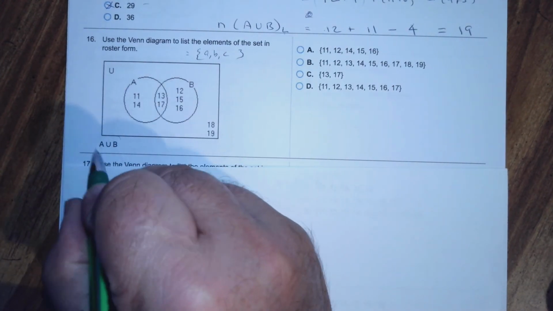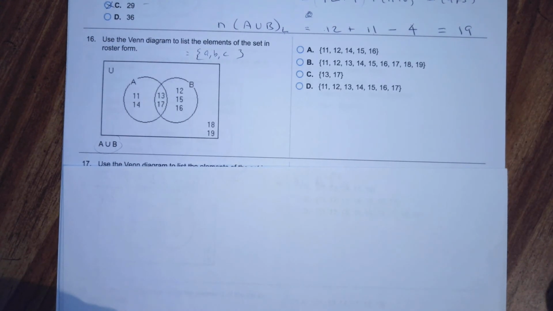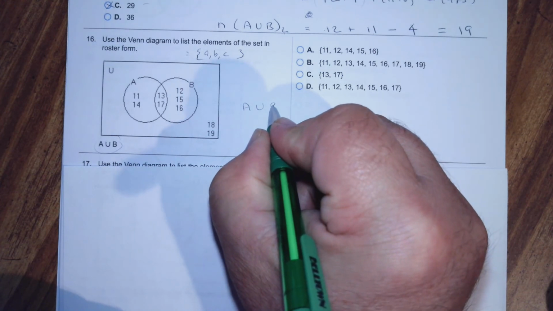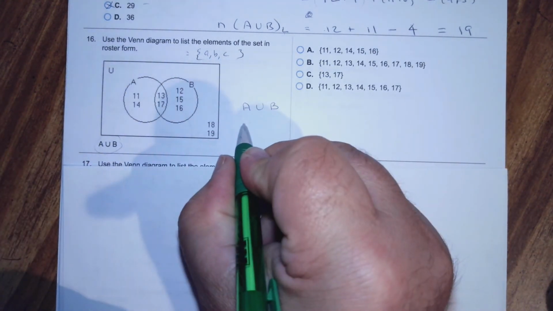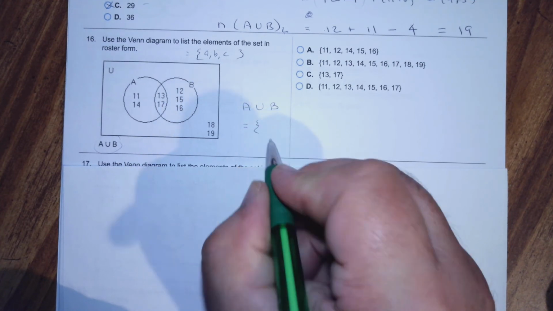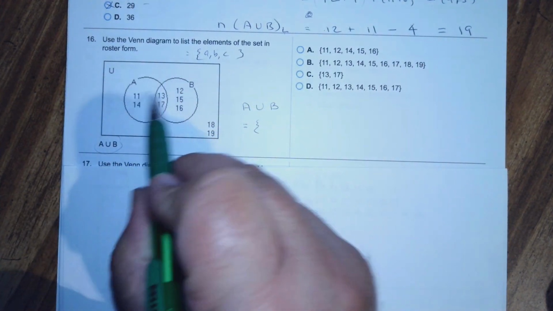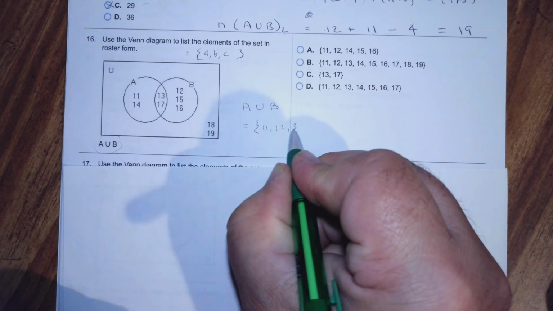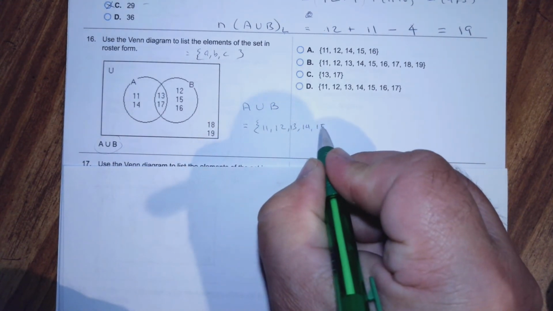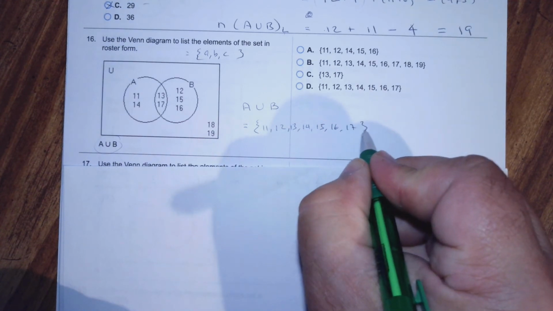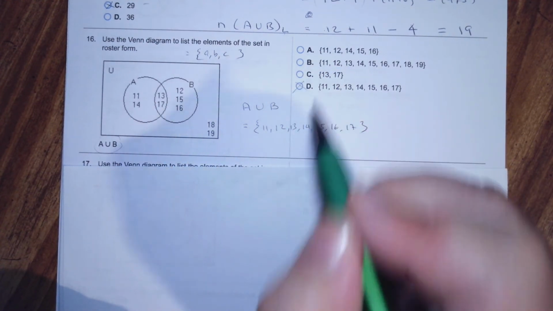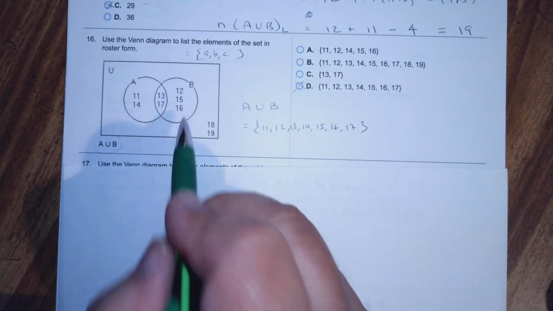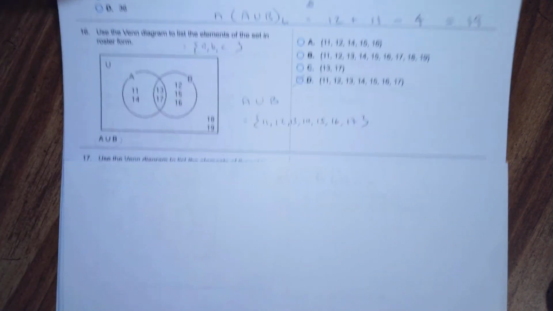What we're looking for is A union B. So everything in A and everything in B. So we have 11, 12, 13, 14, 15, 16, 17. It's D. That's all it's looking for, one of each of these letters or numbers in both of those sets.